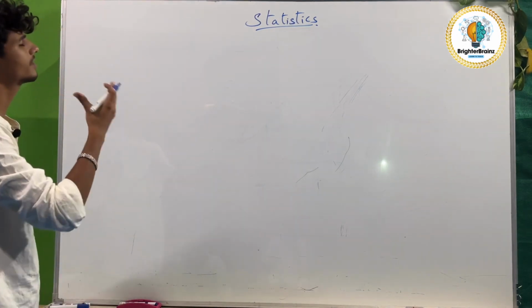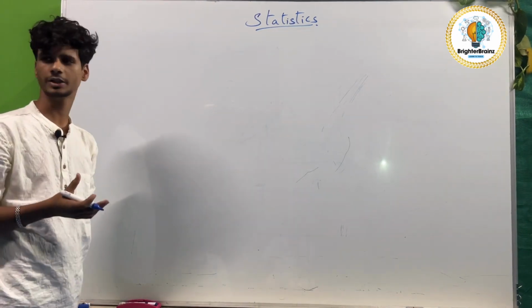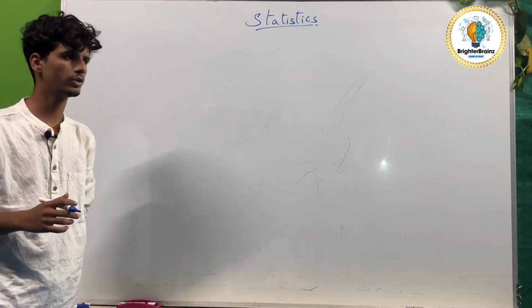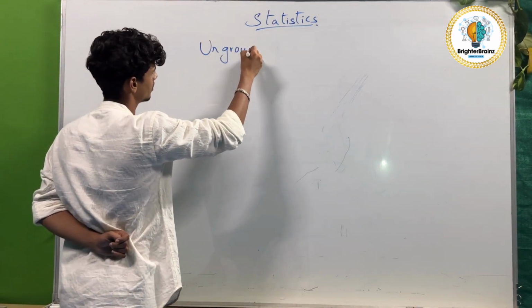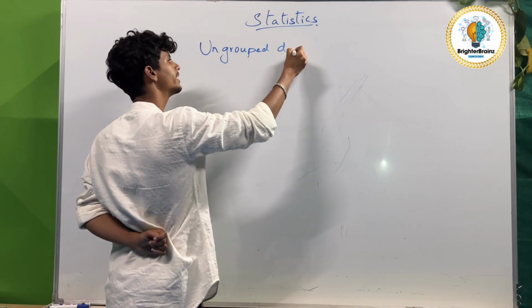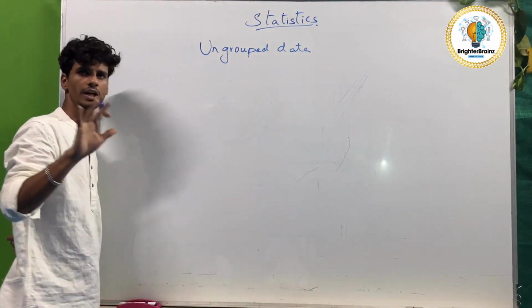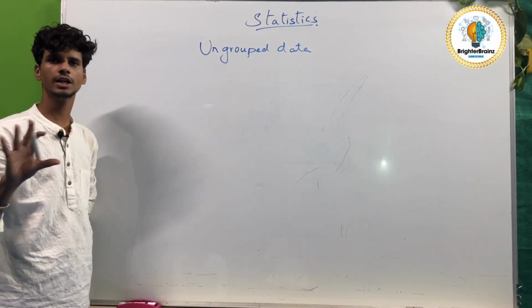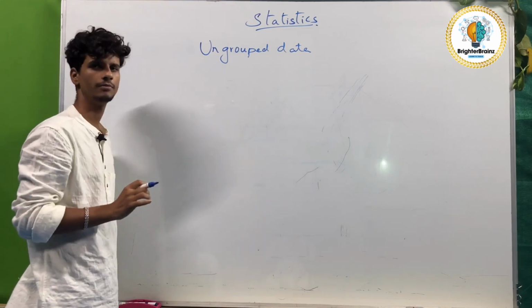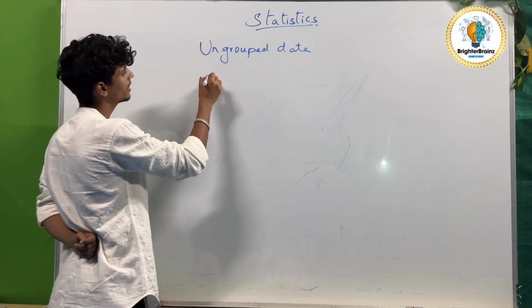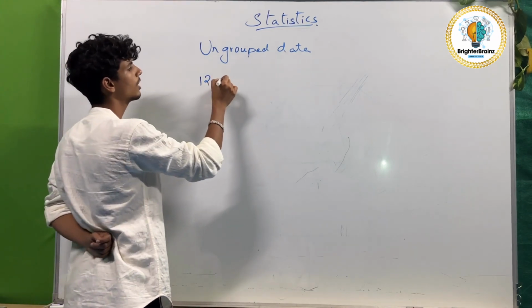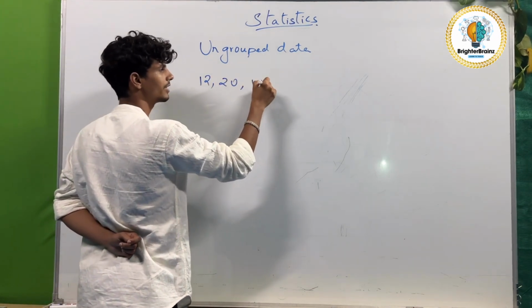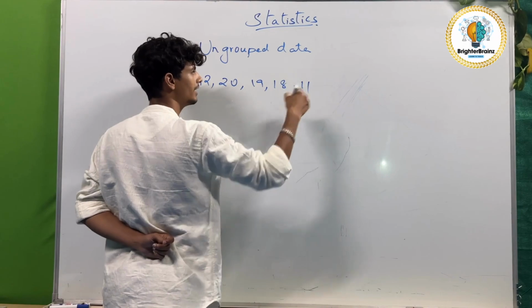First, let us discuss some introduction of ungrouped data for the mean, median and mode. So what is ungrouped data and grouped data? Let us know the difference. Ungrouped data is data that is not grouped at all. For example, if there are marks of students in a class, some got 12, 20, 19, 18, 11.